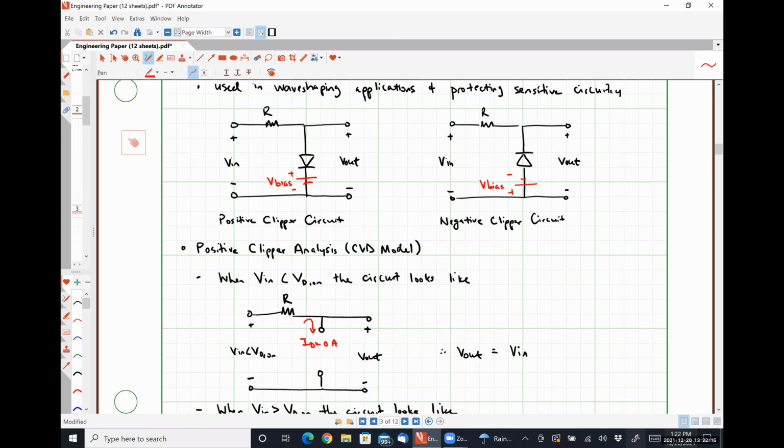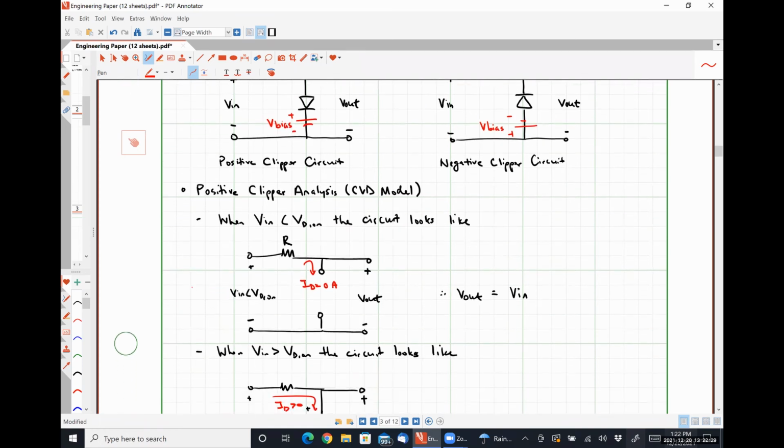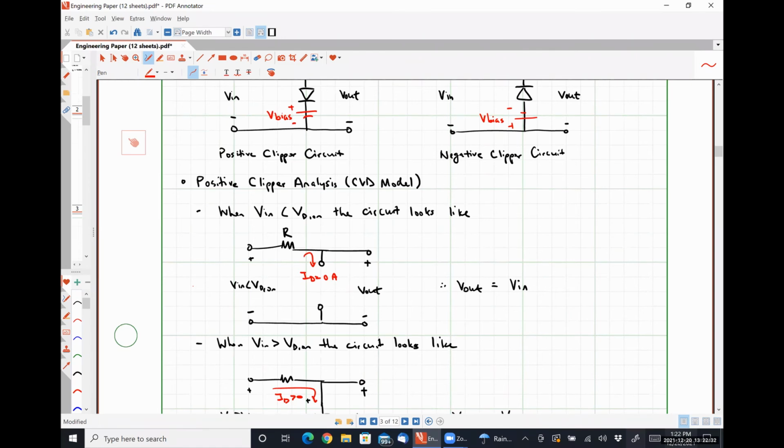we would change the polarity of our biasing voltage. Okay. So what is that going to do to our model? Effectively, it just makes the value of VD on seem much bigger because it's added in series to that bias voltage. So when V in is less than VD on, in the reverse bias condition, it behaves exactly the same.